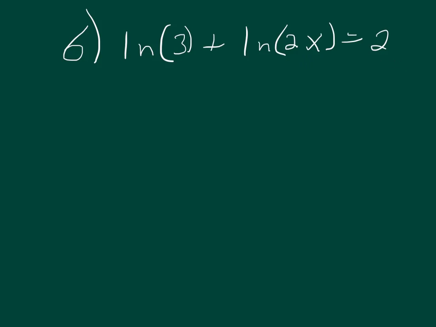If you see more than one log, you need to condense it. Now in this case, because it's a plus, you're going to condense it using your product property of logs. All right, so with that in mind, it's going to be the ln of 3 times 2x equals 2.